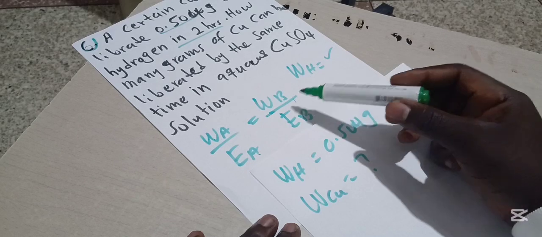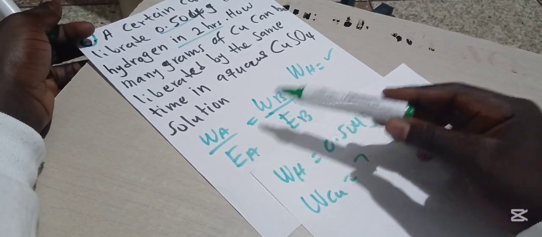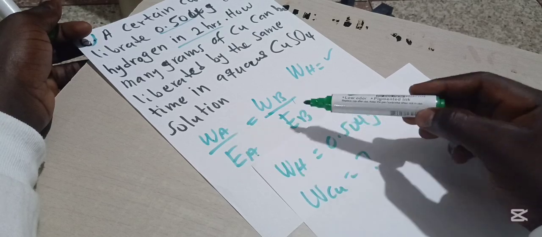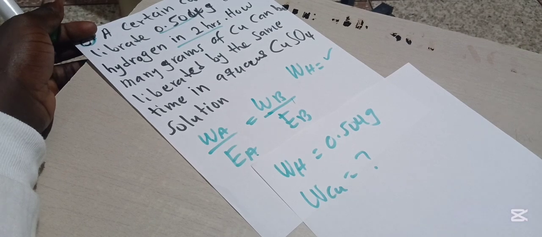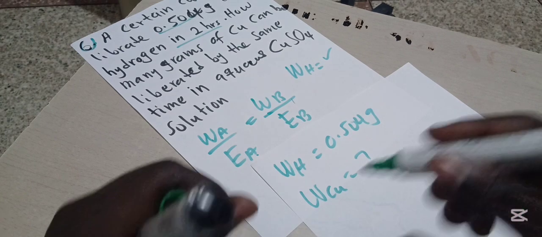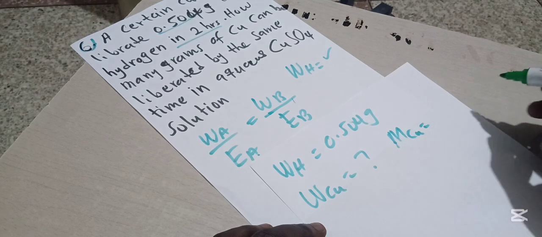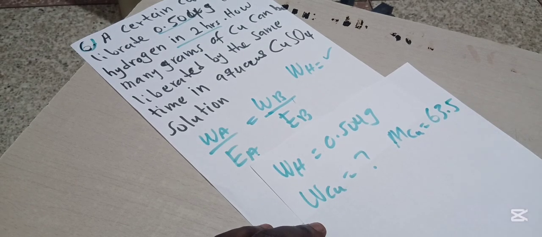Before we can calculate the mass of copper, we should know the equivalent weight of hydrogen, if A is hydrogen and B is copper, and also the equivalent weight of copper. What is the molar mass of copper? We know it to be 63.5.